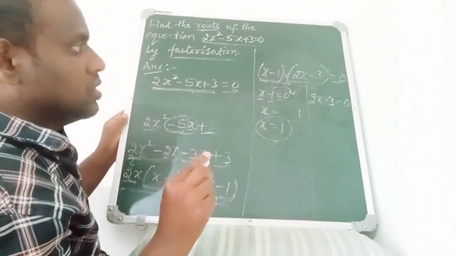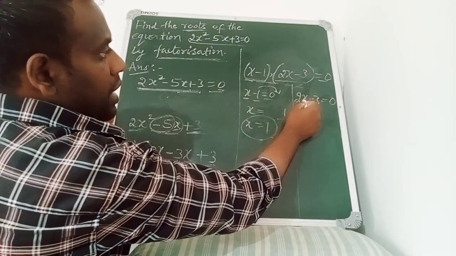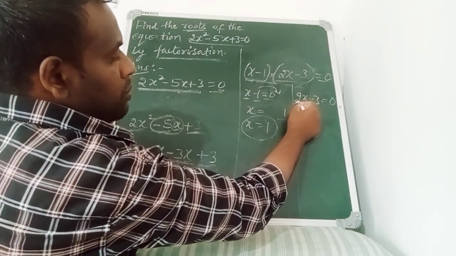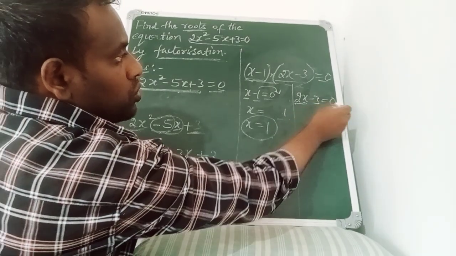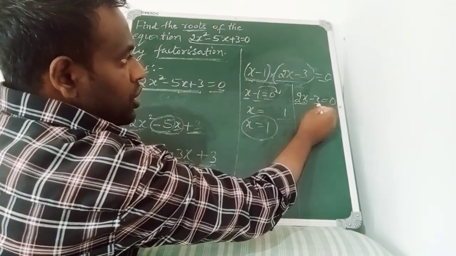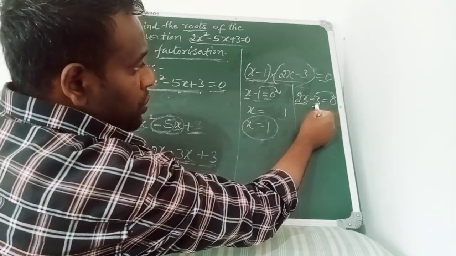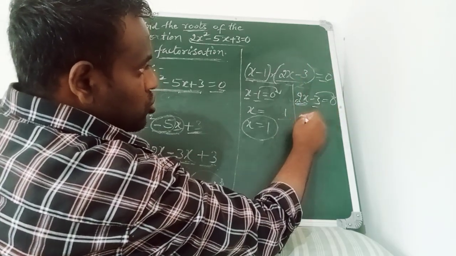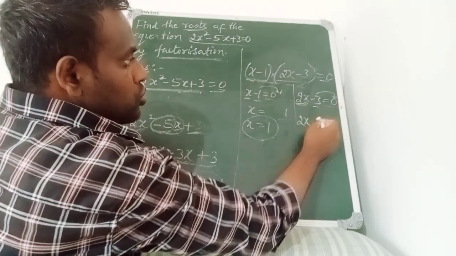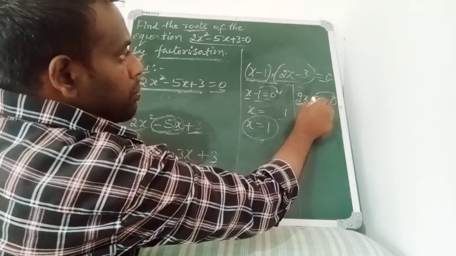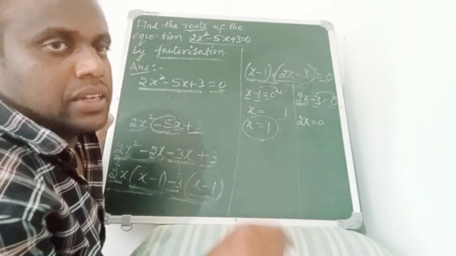This is one answer. Now we have to simplify this. We want x, so we have to keep this x term on one side and move the remaining to the other side. So we need to move this minus 3 to this side. In the next step, before moving this minus 3, write this 2x as it is, and this equal to 0 as it is. When minus 3 is moved to this side, it will become plus 3.